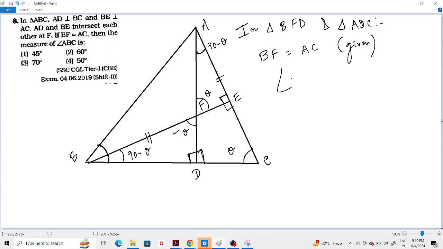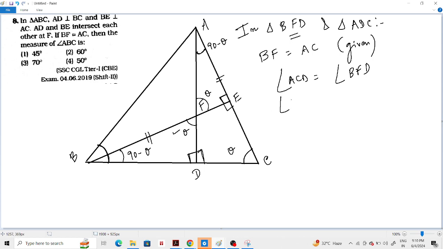Now again coming back to this triangle, why did I do this? I did this to apply the similarity theorem so that I can prove them similar. Now see, angle ACD is equal to angle BFD, right? ACD and BFD both are equal.